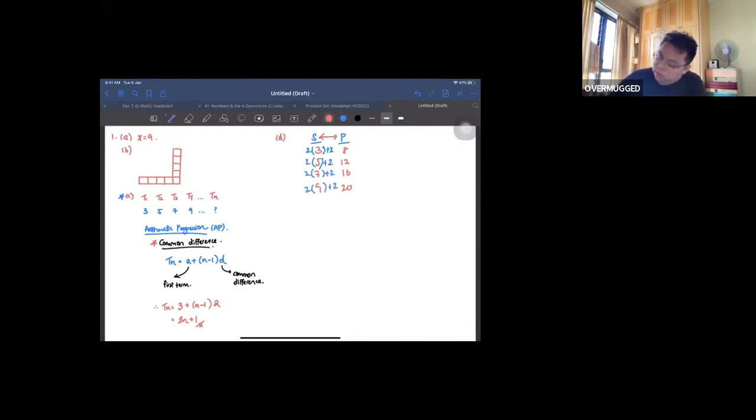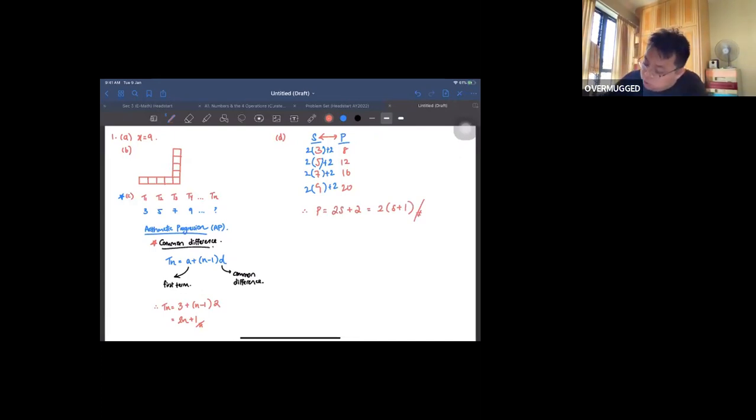So the final answer will be P equals 2S plus 2, or we can simplify it to 2S plus 1. This is how you form a relationship between the S and the P row. I think it's pretty straightforward as well.